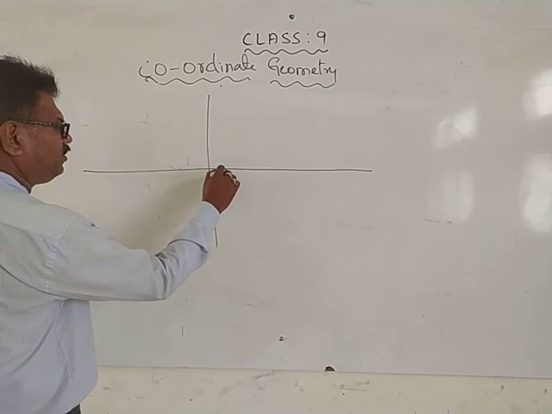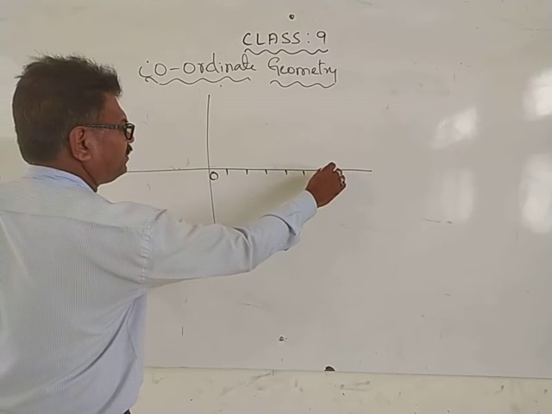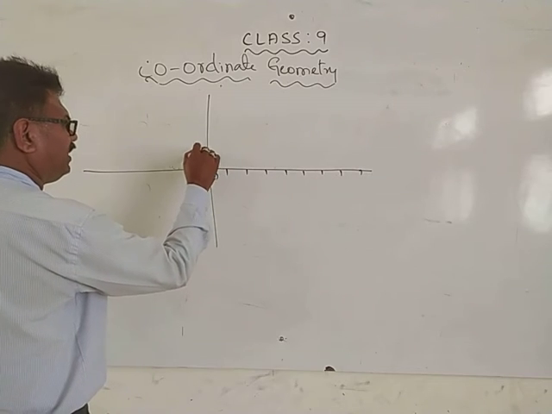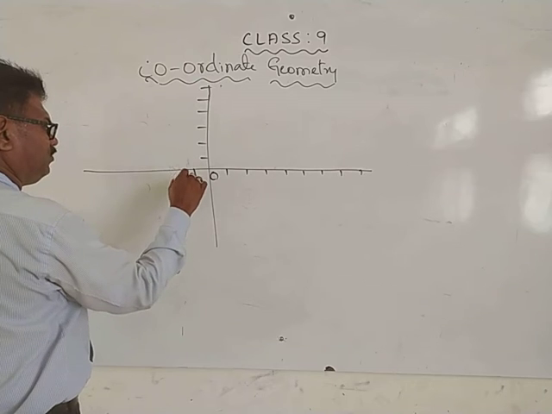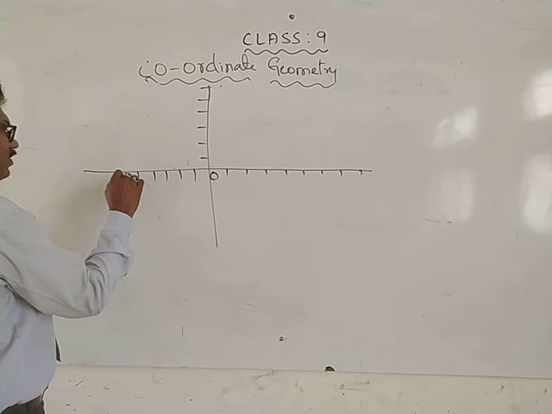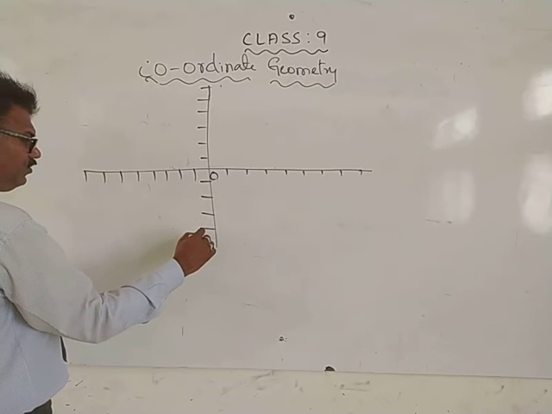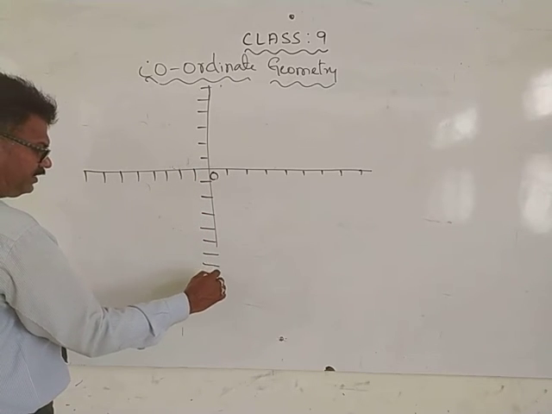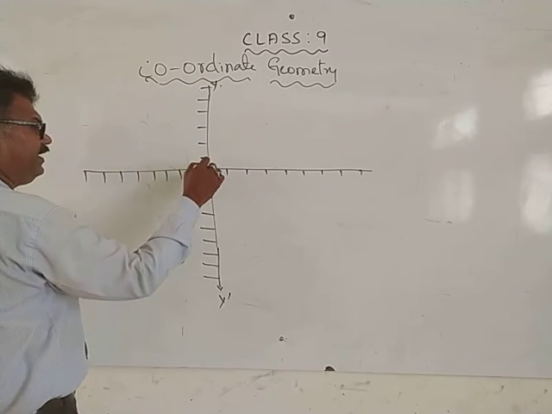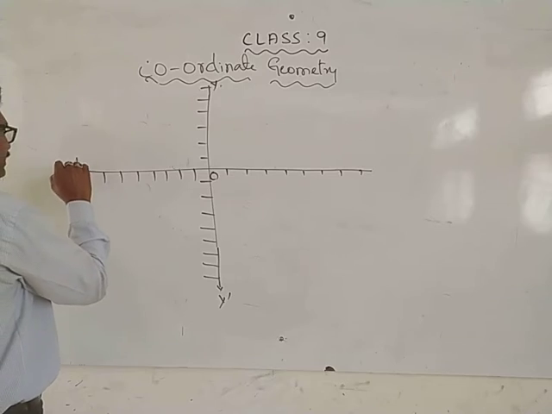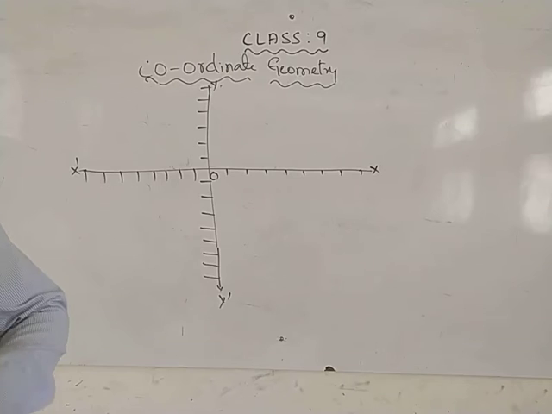Here it is 0, 1, 2, 3, 4, 5, 6, 7, 8. 1, 2, 3, 4, 5, 6. Y dash, Y, X dash and X. Now, here B is there.